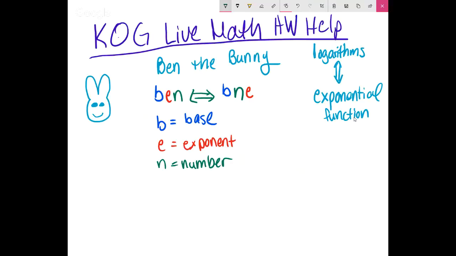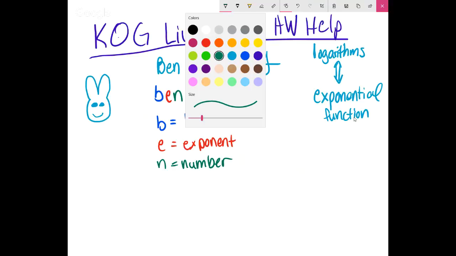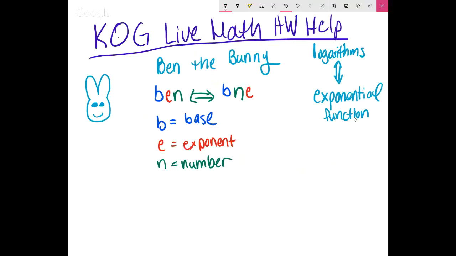All right, I'm going to just use black because it would be hard for me to keep switching back and forth between the colors. When we set up an exponential equation, it's the base raised to the exponent equal to n, the number.